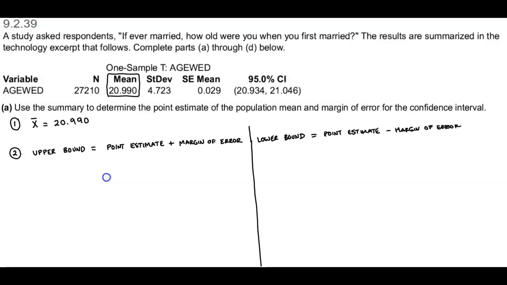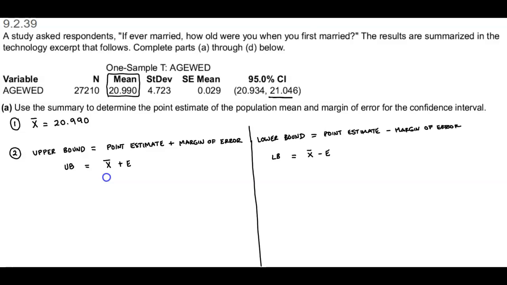So if we wanted to write this in abbreviation, the upper bound is equal to the mean plus the margin of error, and the lower bound is equal to the point estimate minus the margin of error. So we're just going to use the information that's given.